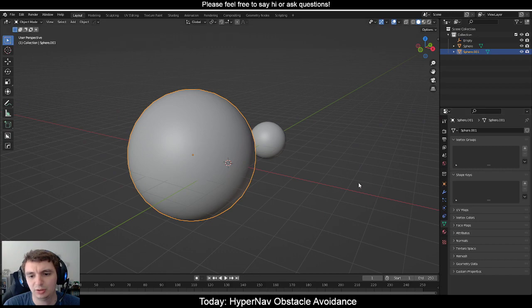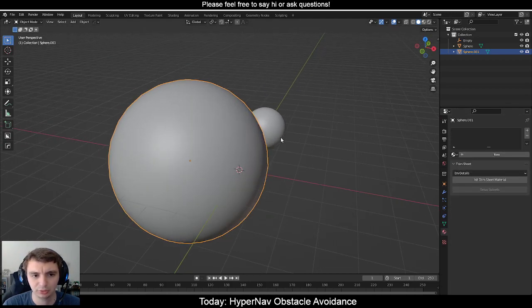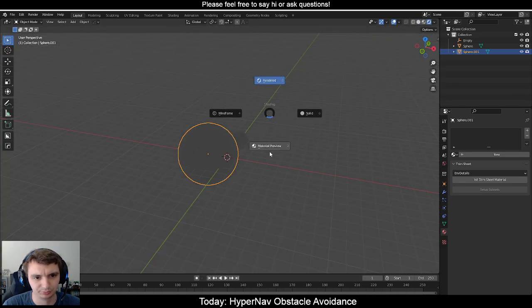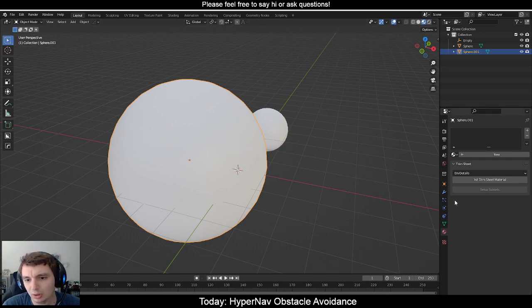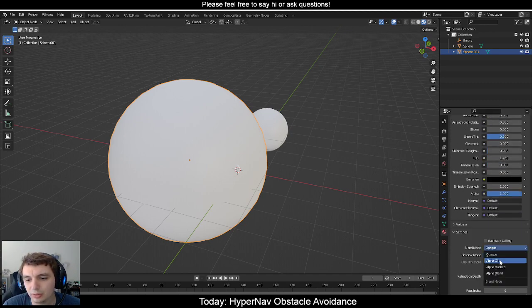We probably need this sphere to be transparent. Let's not render it. I need to go to material preview and make a material here. Set this to not alpha clip, alpha blend.